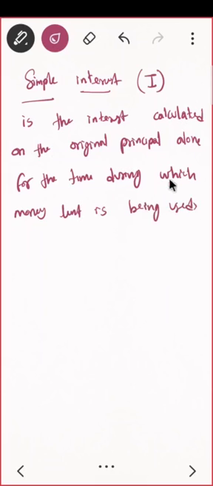Okay, simple interest means your interest will be calculated only on your original principal amount.